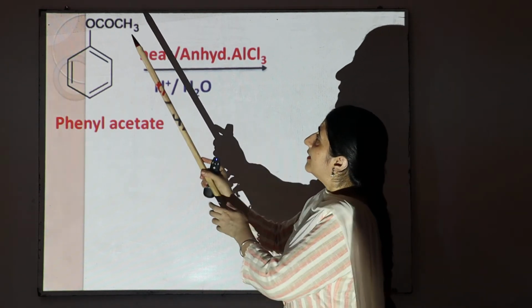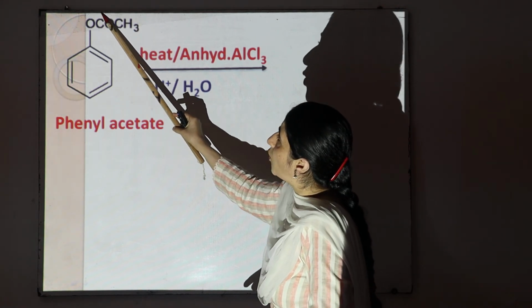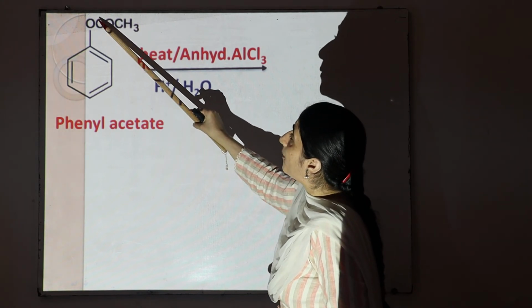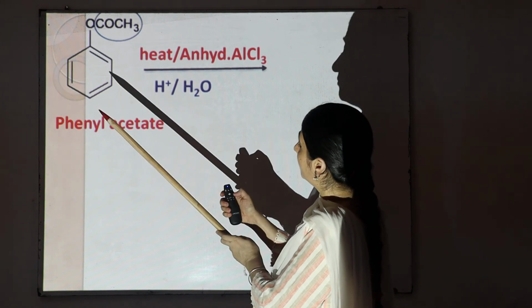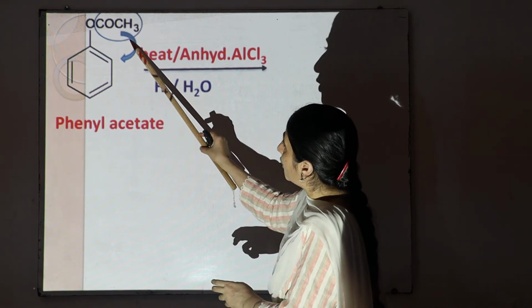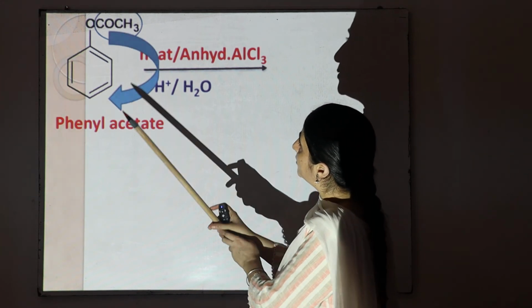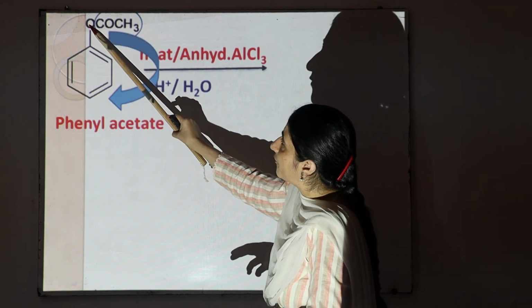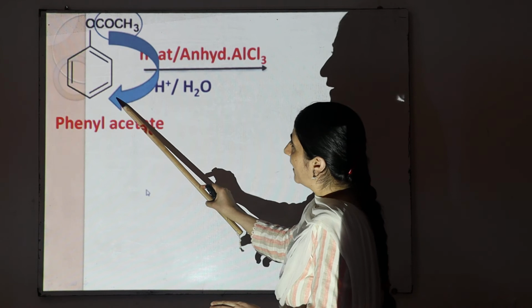In this case, the acyl group, CH3CO, migrates from the phenolic oxygen to the ortho position or para position.